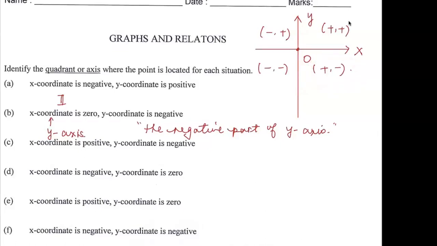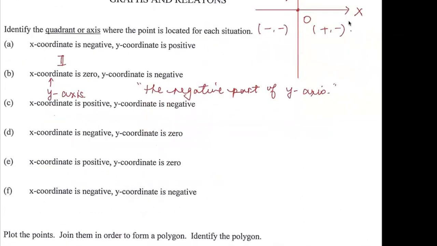Okay, and the second condition is y coordinate is negative. So we're looking at the fourth quadrant, because only in the fourth quadrant do all the points have positive x coordinates and negative y coordinates. So the answer is fourth quadrant.